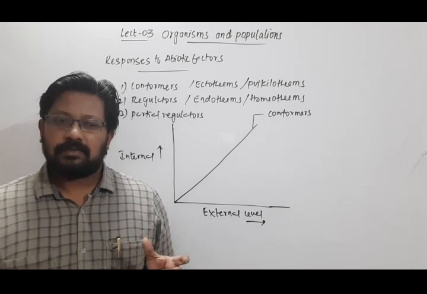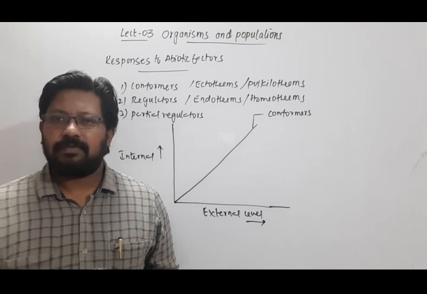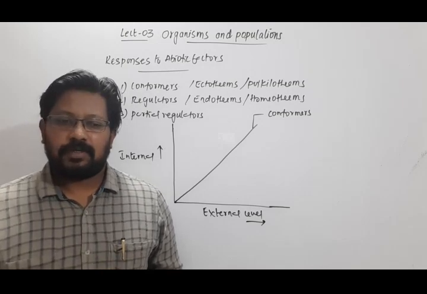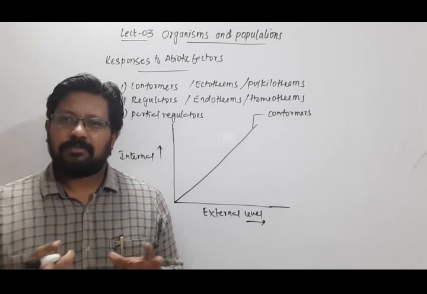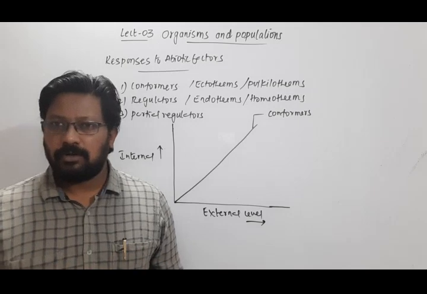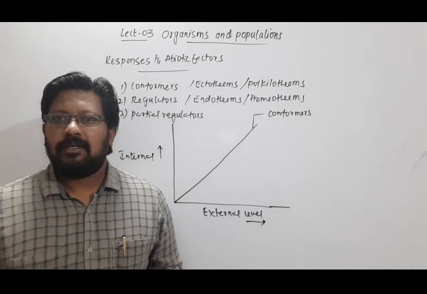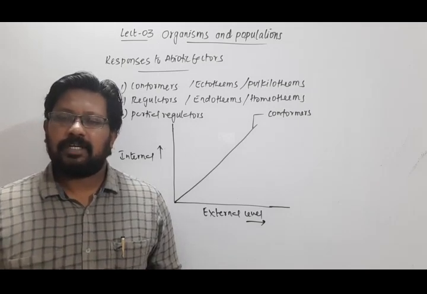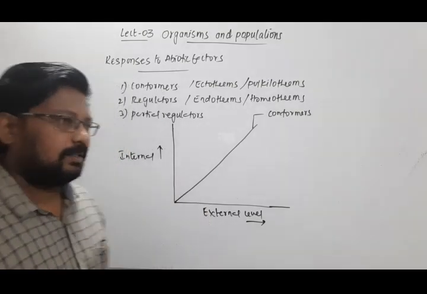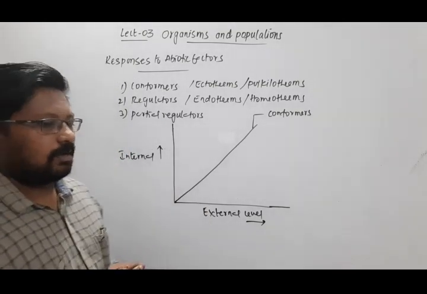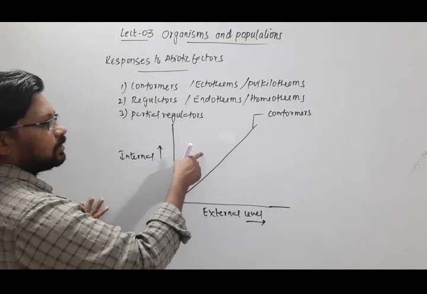In summers, like in case of frogs, the temperatures are very high, they cannot withstand that, so they look for a cool, I mean it should be warm and it should not be too cool also, right? They look for warm locations and then they settle down and take rest for the whole period of summer. That's what we call estivation. In other words, you can call it summer sleep, right? That's in case of conformers.